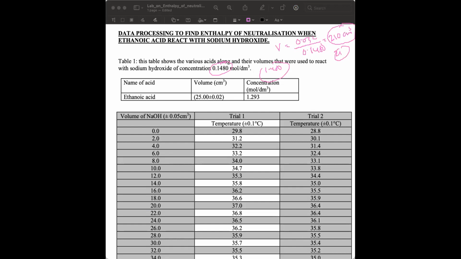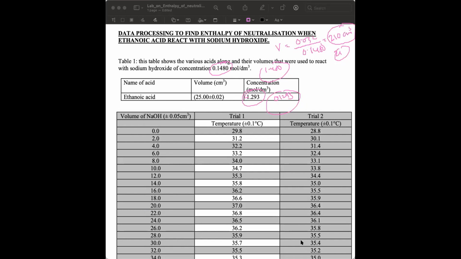It makes more sense because ethanoic acid is 1.293, so it's simpler. If this is more concentrated, the volume of NaOH will be a little less than 25. Or this must be 0.1293. The decimal is off in one of the two. If you either make the ethanoic acid concentration 10 times less, or make the NaOH concentration 10 times more, then this is fine.